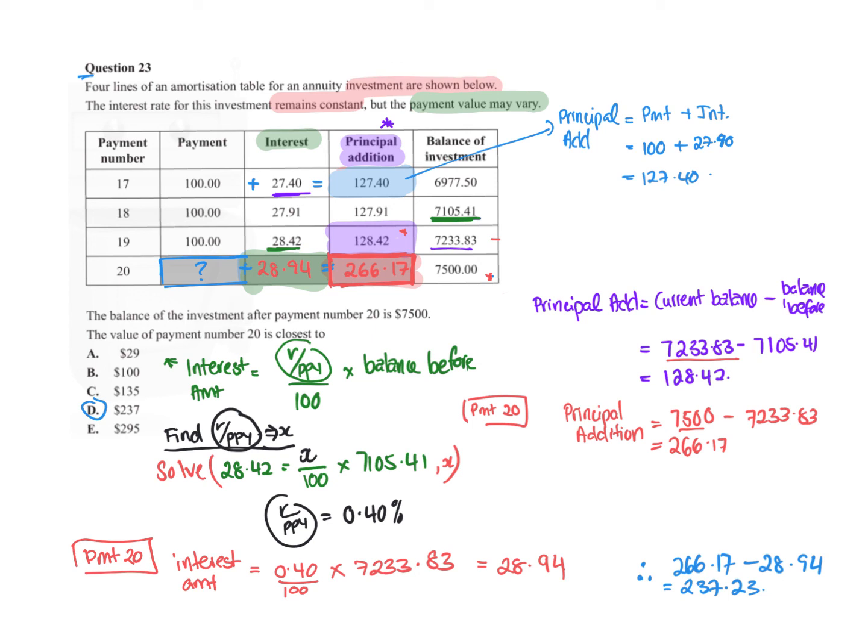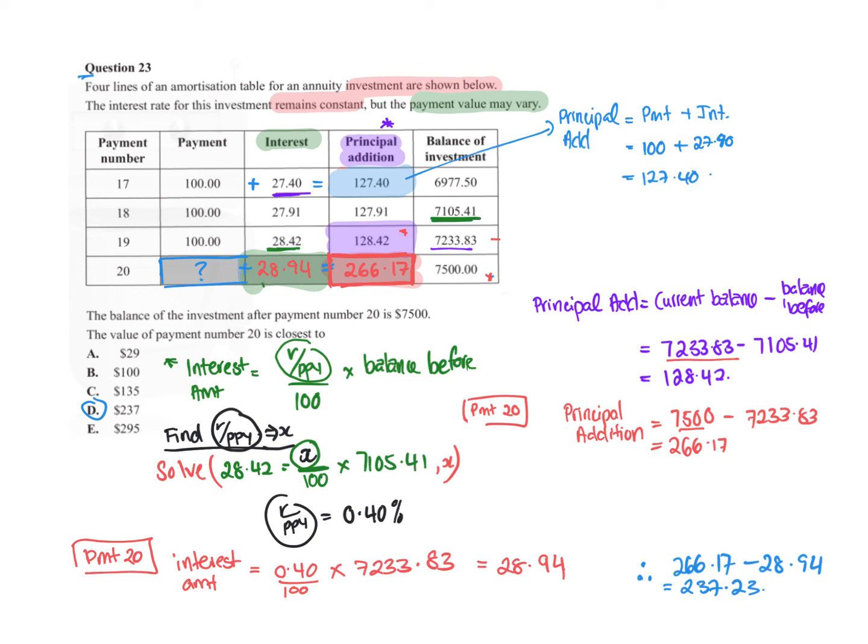Now I'm going to use that to find out what the rate is. Because I don't really know if it's monthly, weekly, who cares? We're just going to say it's 20. So I'm just finding the rate. I'm calling it x, little x, whatever the rate is. I solve and I find that it's 0.4%. Every payment, they're getting 0.4% on the balance before.